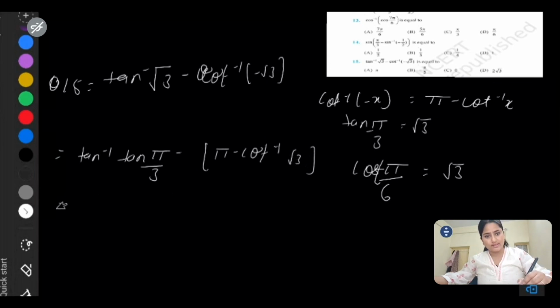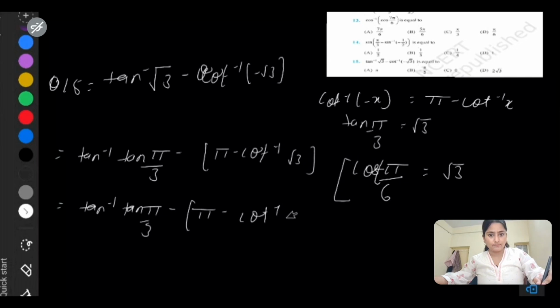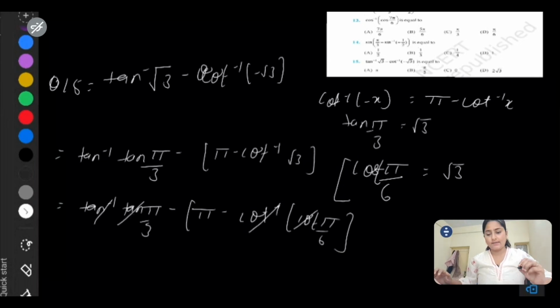So next, tan⁻¹(tan π/3) − (π − cot⁻¹). We can write √3 as cot π/6 here, so cot⁻¹(cot π/6). Now cancel this 2. Okay. And cancel this also.